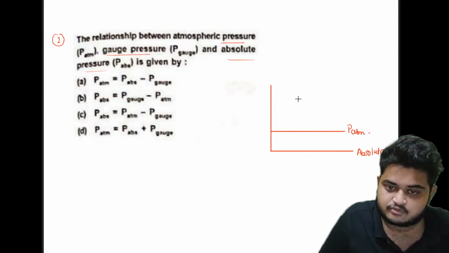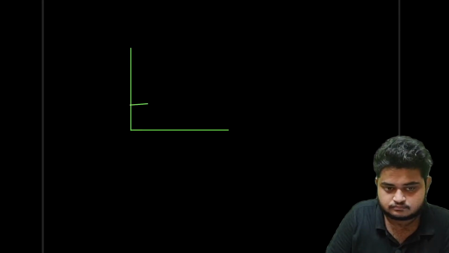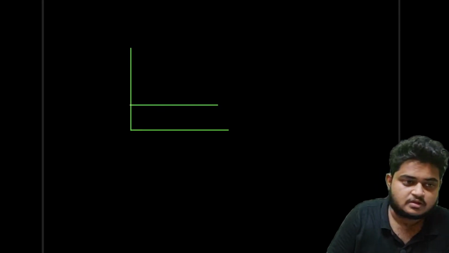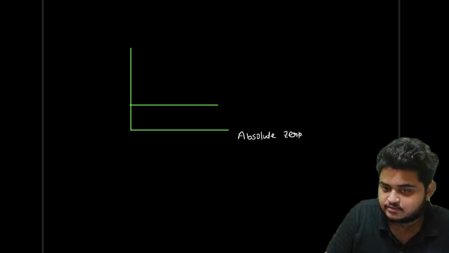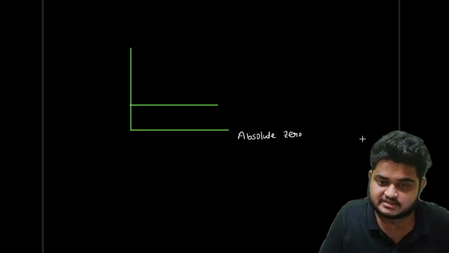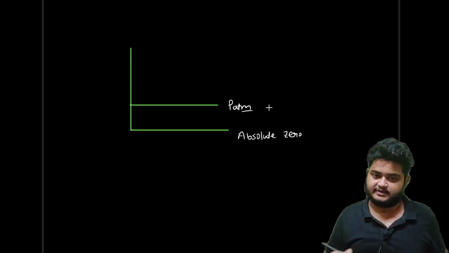Let us go to the next page. So what is this? This is absolute zero pressure, and this is P atmospheric.